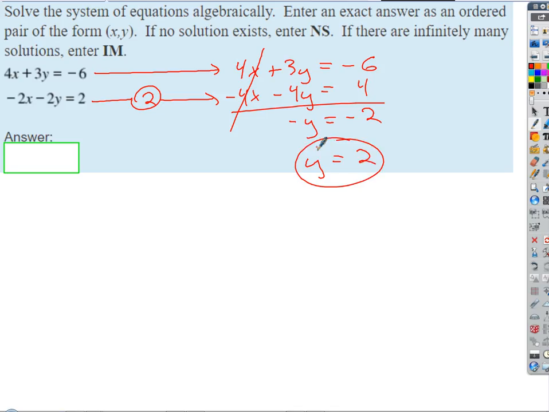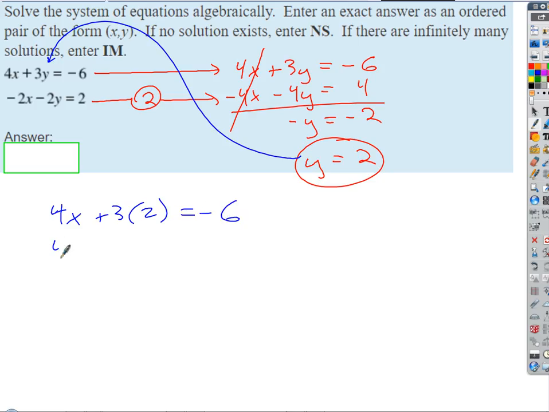That's half the problem. Now where do I go to find x? Go back to either one of those original equations, whichever one seems easiest. I'd say the top one because they're positive coefficients, yeah. So if we plug 2 in right there, we'd get 4x plus 3 times 2 equals -6, right?